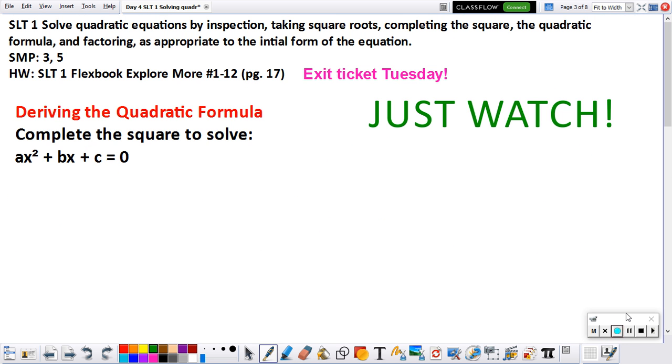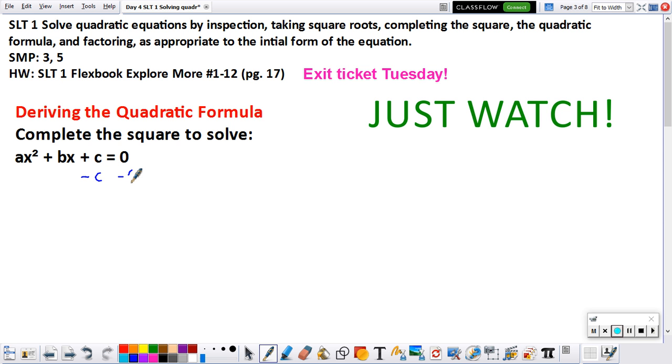Okay, so one of the things that I feel is important for every Algebra 2 student to see is how the quadratic formula comes to be. So this is going to be a just watch. I'm going to derive for you the quadratic formula by completing the square. So the first thing I'm going to do is isolate 1x squared plus bx.